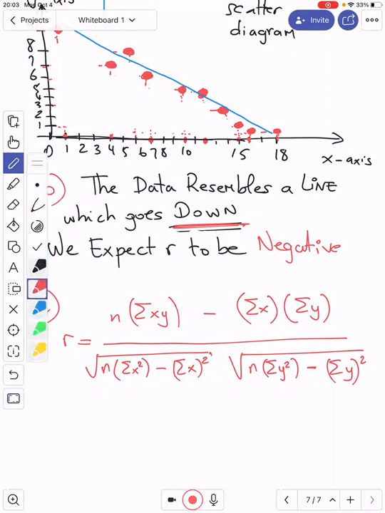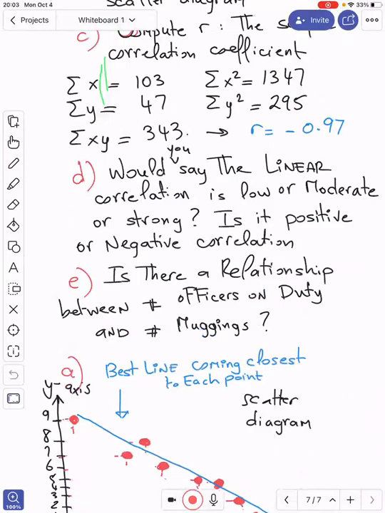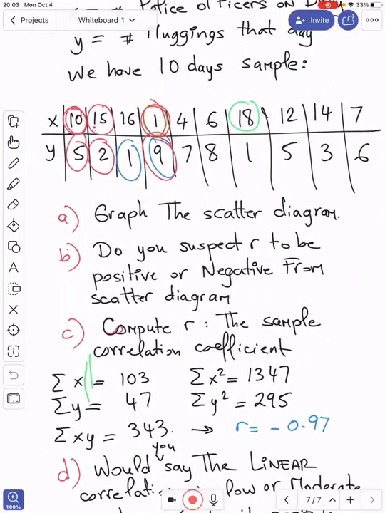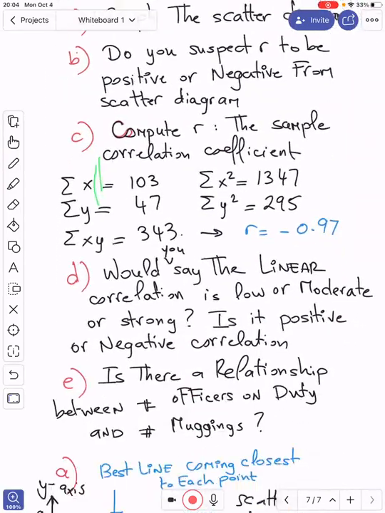First, what will be N? N is just the number of data pairs, the number of points. How many x's or how many y's? We have 10, right? It's a 10 days sample: 1, 2, 3, 4, 5, 6, 7, 8, 9, 10. So N is 10.